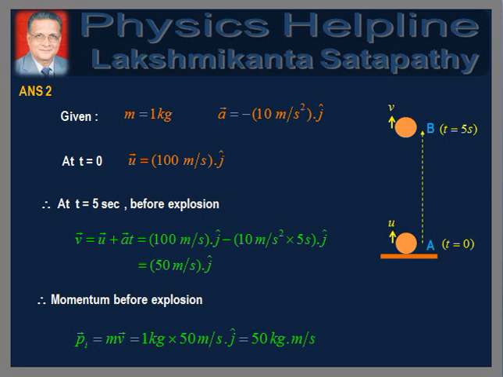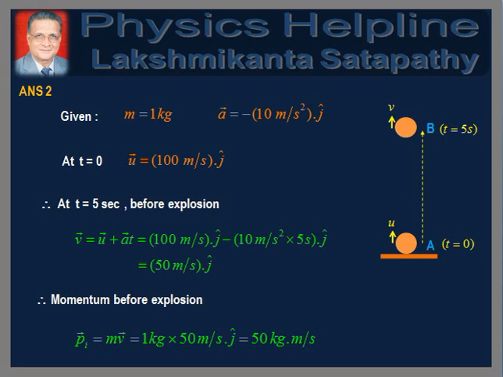Therefore, we write a is equal to minus g, which is equal to minus 10 meters per second square into j cap. Therefore, velocity after 5 seconds is given by v is equal to u minus gt, which is equal to 100 minus 10 into 5, which is equal to 50 meters per second into j cap.